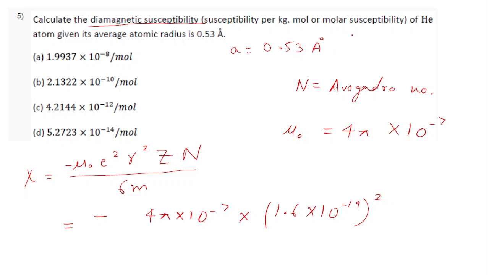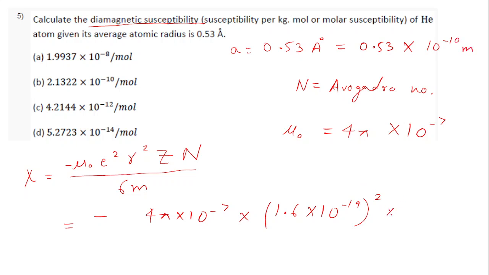As I tell you every time, it's better to keep all the units in one system, because here other things we are keeping in meters. So this will be 0.53, and angstrom will be 10 to the power minus 10 meters.